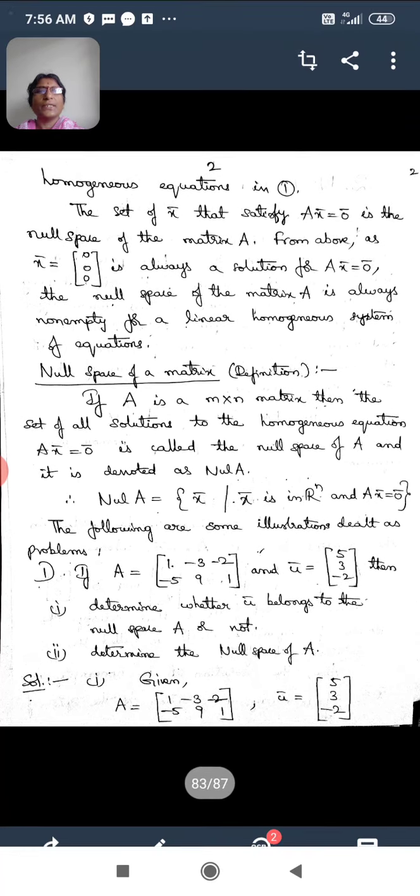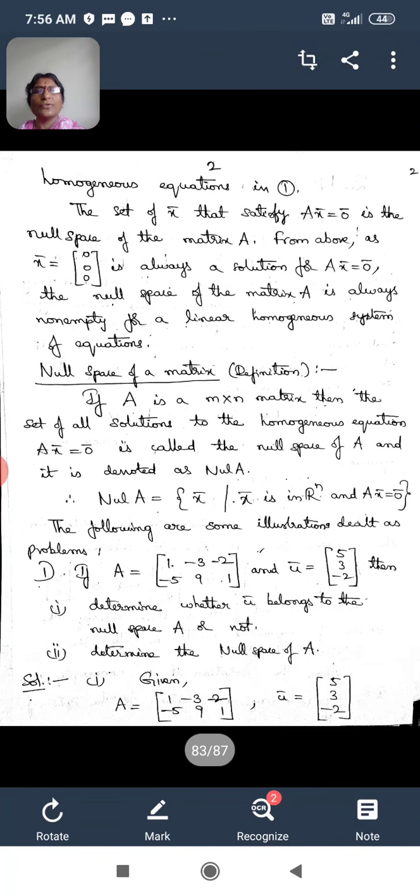What it says is, if A is an m by n ordered matrix, then the set of all solutions to the homogeneous equation Ax bar is equal to 0 bar.